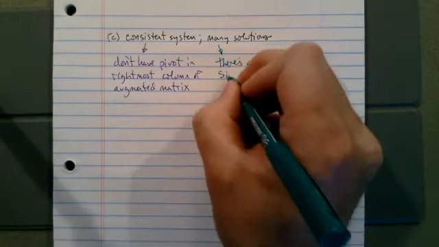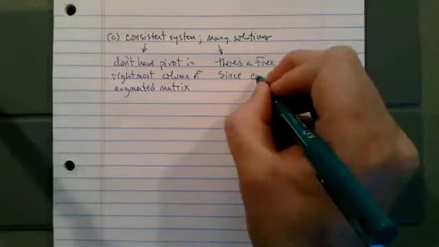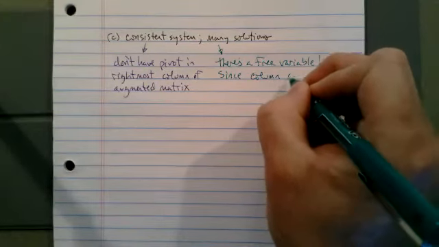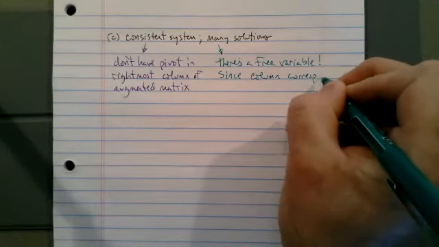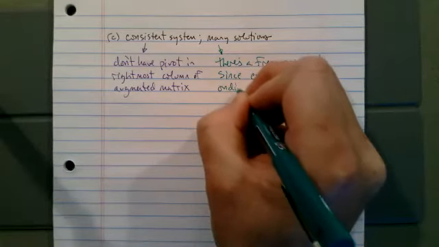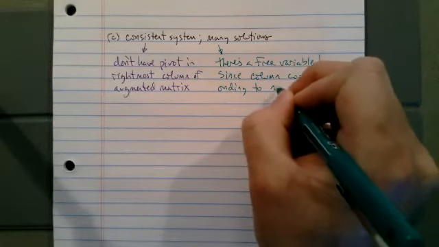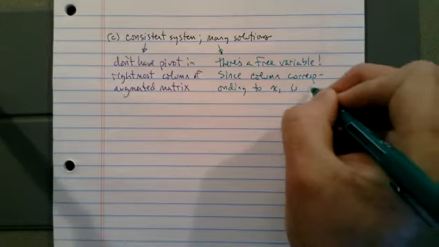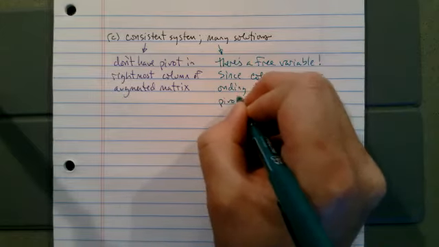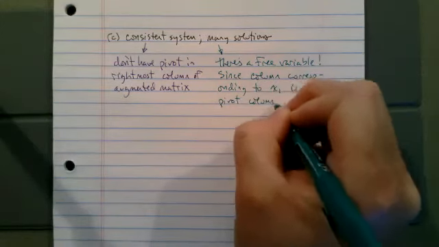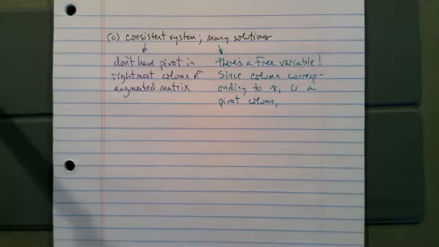So since the column corresponding to the variable x1 is already a pivot column, x2 is going to be our free variable.